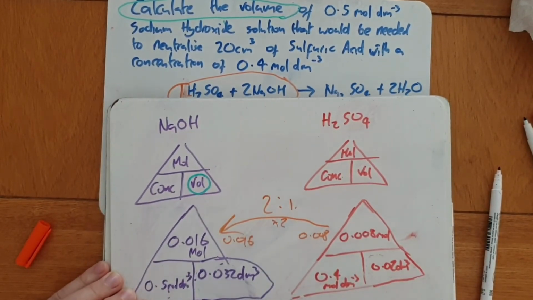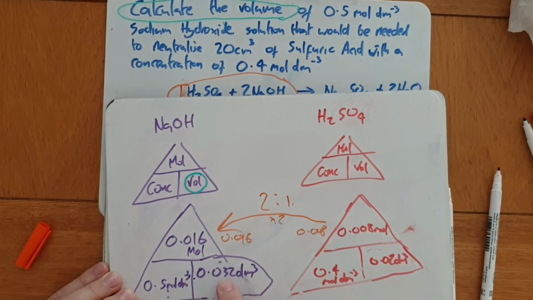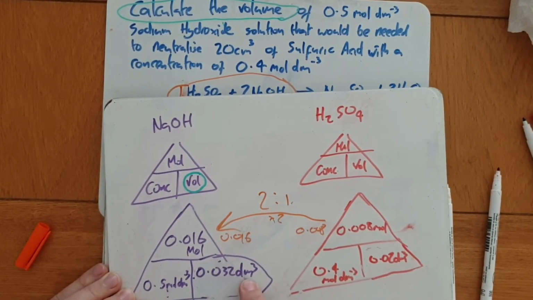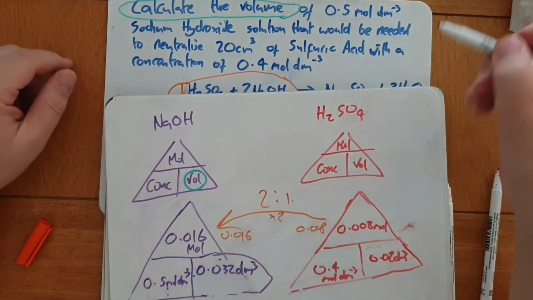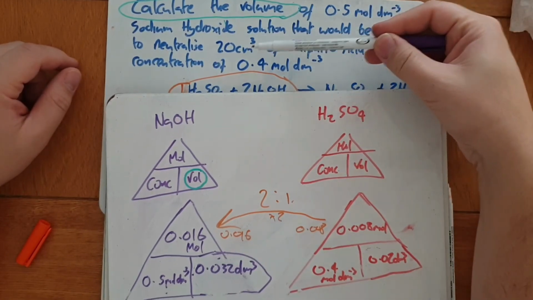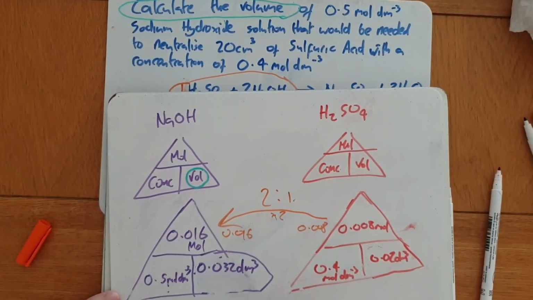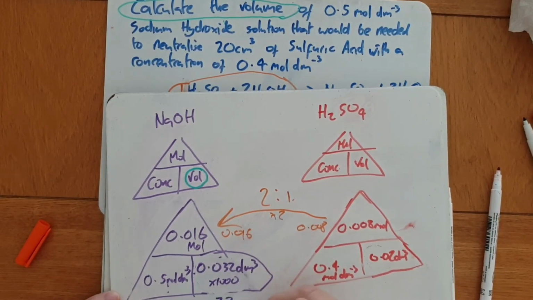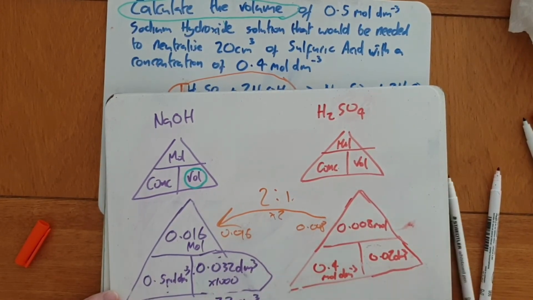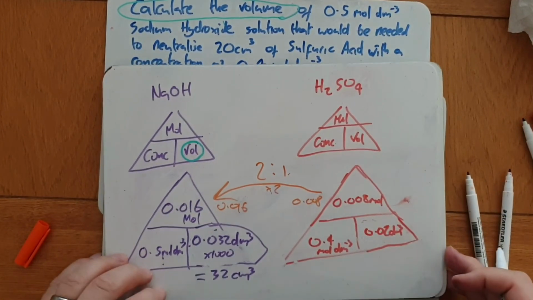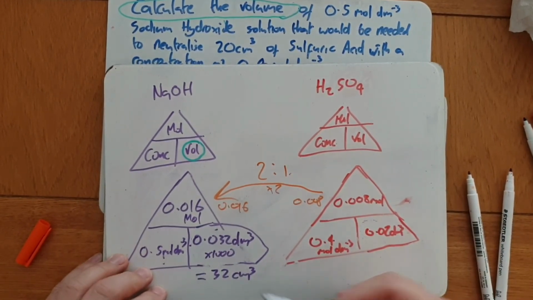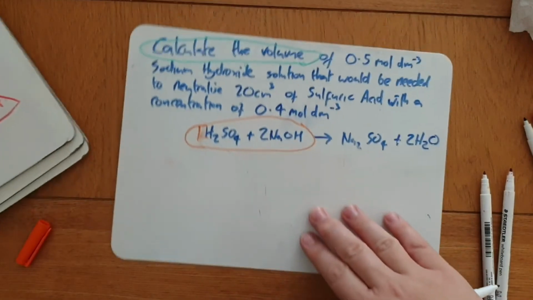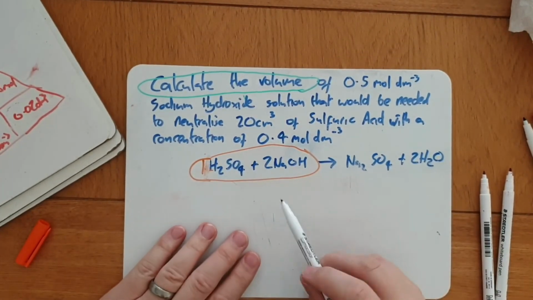But we tend to want to give the answer not in decimeters cubed when you're talking about volume. It gave the volume up here in 20 centimeters cubed, so we want to turn that into centimeters cubed. So you times it by 1,000. So that would be 32 centimeters cubed.